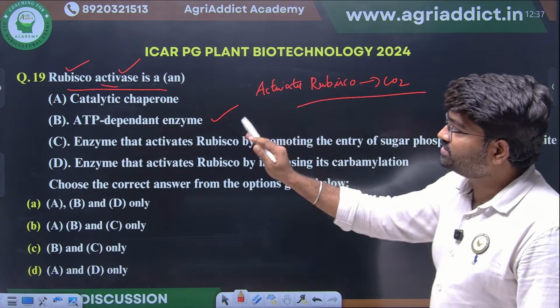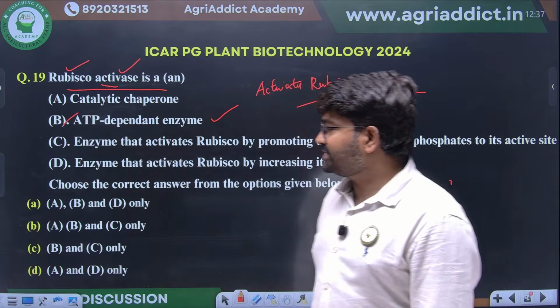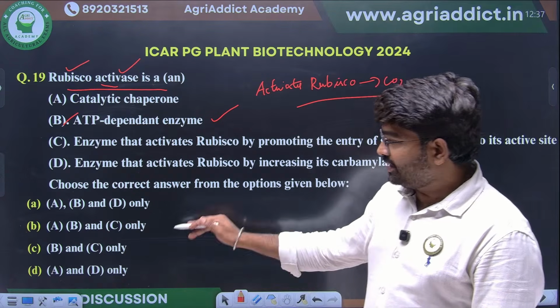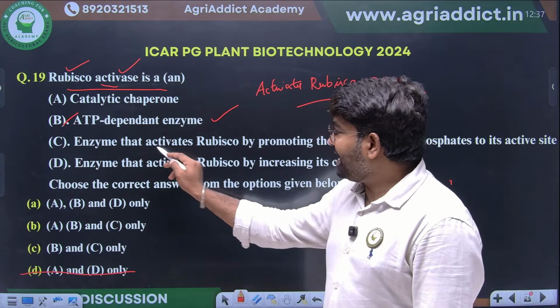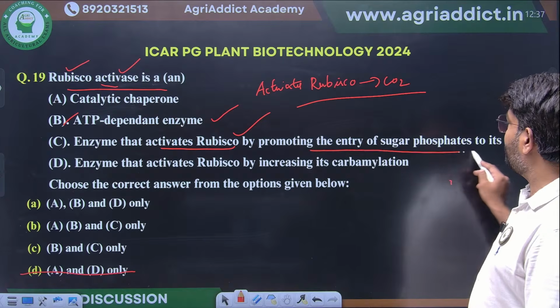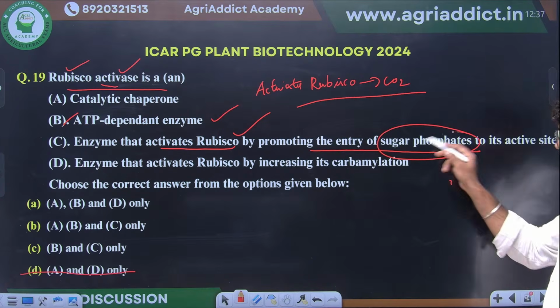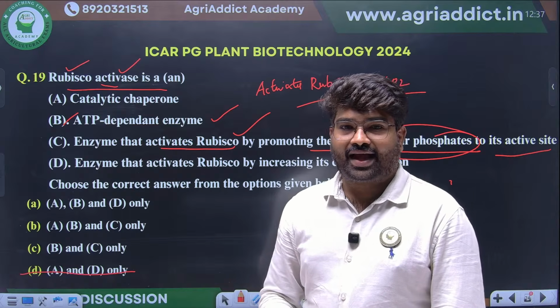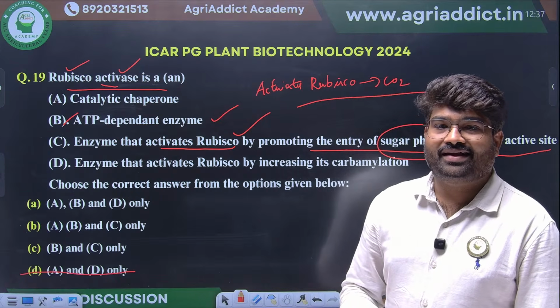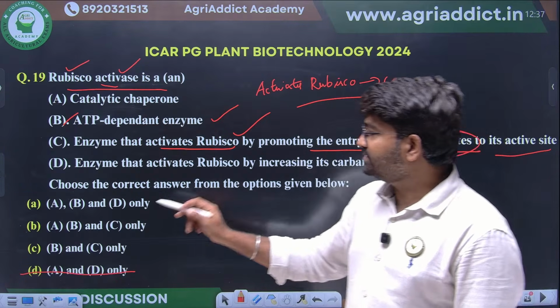This is clear, so it is an ATP-dependent reaction. Yes, that is true. In option D, the B option is not there. Second, it activates Rubisco by promoting the entry of sugar phosphate to its active site. Will that come? No, this will not come.